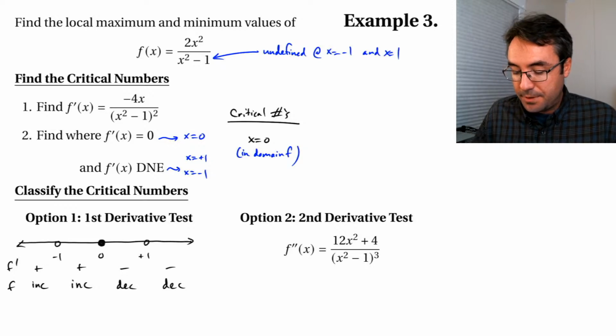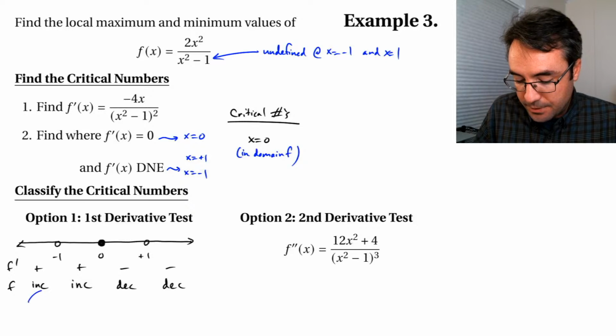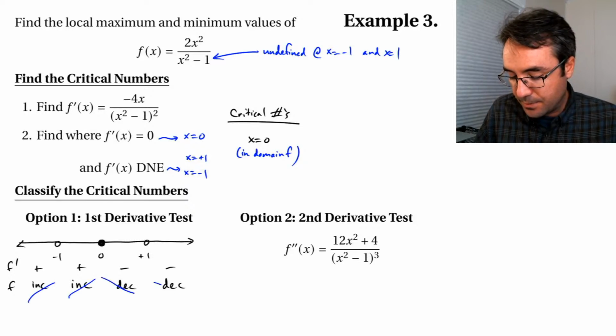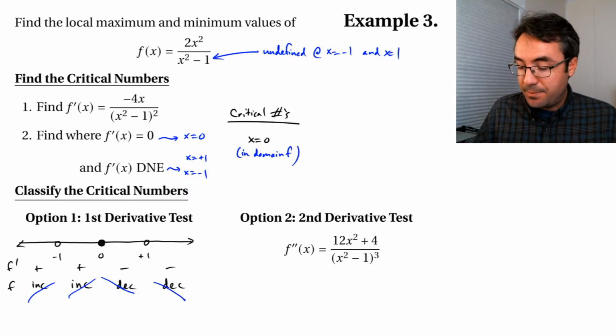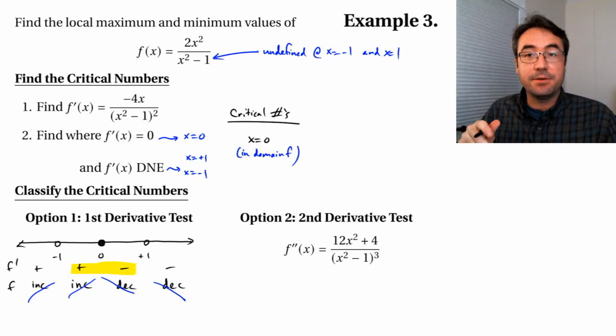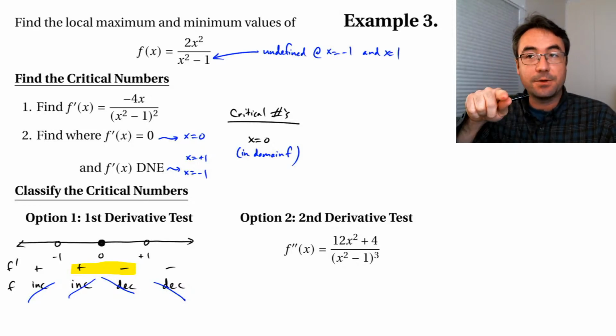So if we draw in the trend lines, we're increasing, then we're decreasing, and then we're decreasing. And so the only change in sign that we're seeing is at x equals 0. We go from positive to negative, and if we draw in our trend lines there, it goes up and then it goes down.